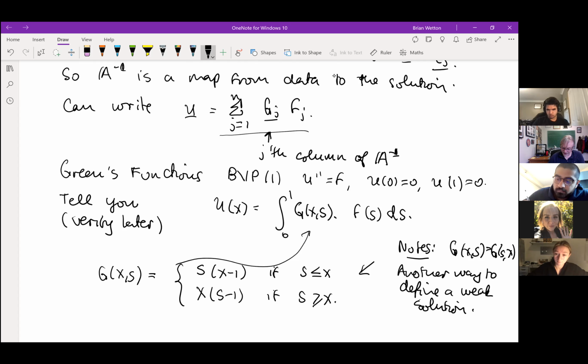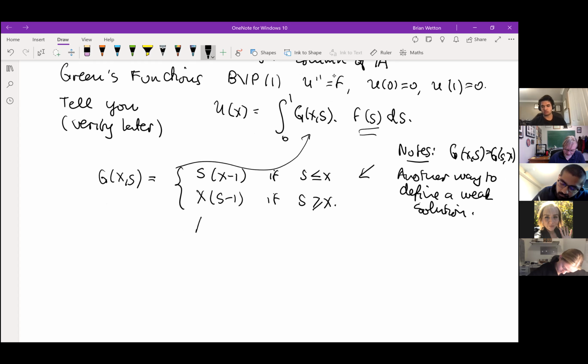Right? I don't need f to be continuous to make sense of this integral. Right? If it's discontinuous, I'll just break the integral into two parts, and it's a perfectly fine thing to evaluate the two parts separately.